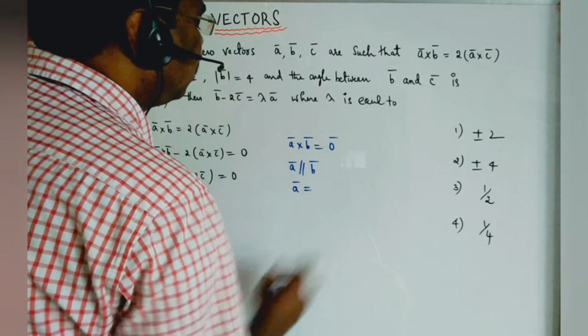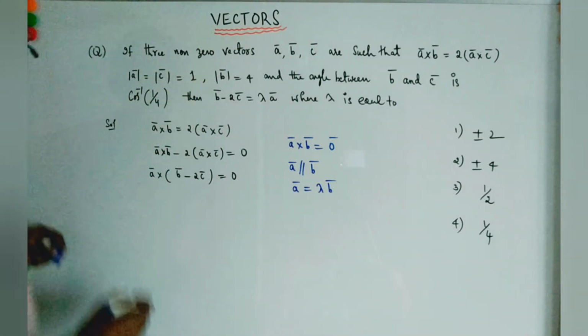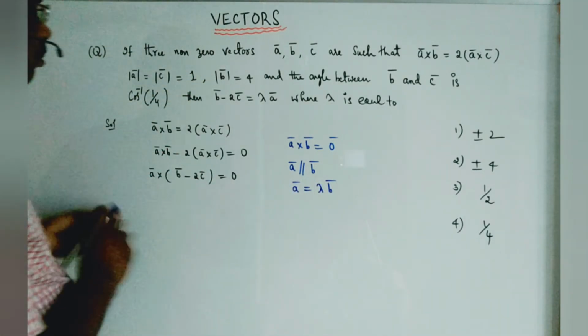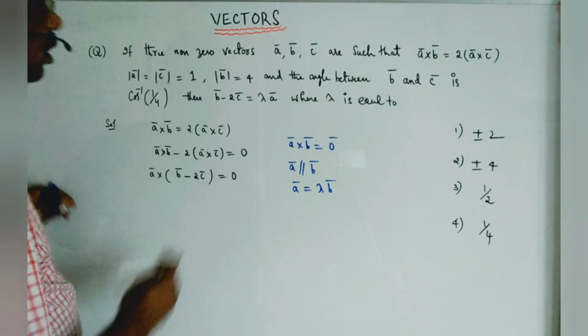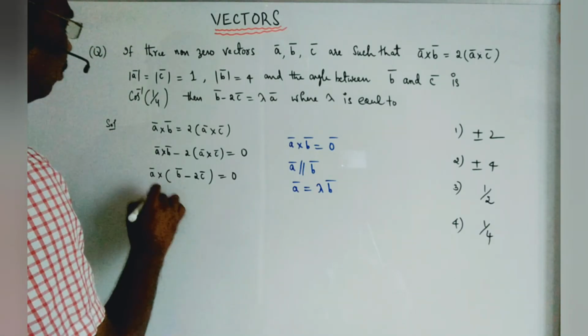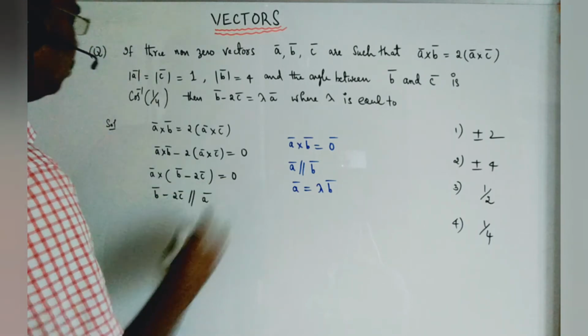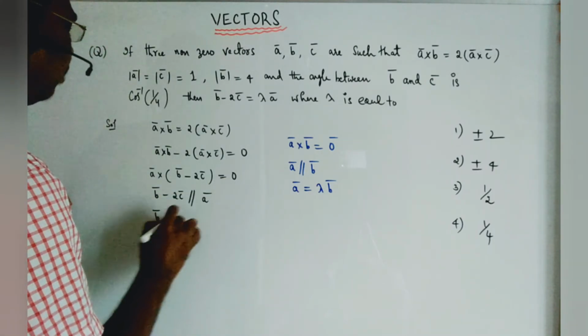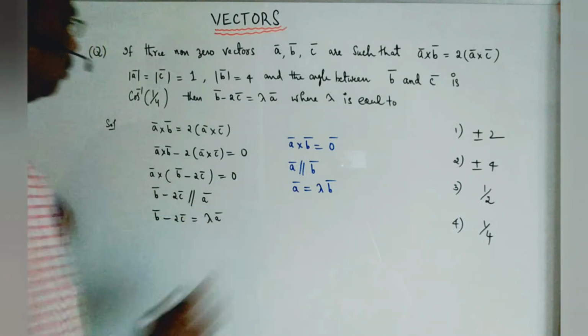Now a parallel to b bar means a bar is equal to lambda into b bar. Here b bar minus 2c bar is parallel to a bar, so b bar minus 2c bar is equal to lambda into a bar.